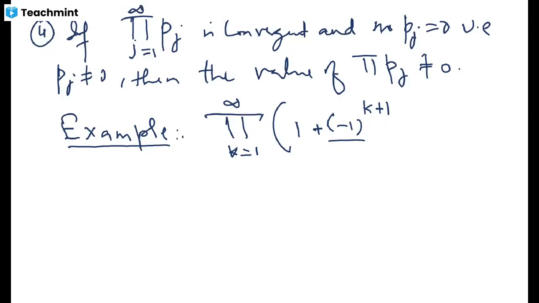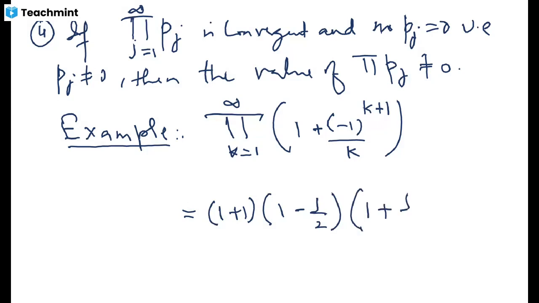If you write it in expanded form, you see the first term for k equals 1 is 1 plus 1. Then substituting k equals 2, you get 1 minus 1 by 2. Then you get 1 plus 1 upon 3. Then 1 minus 1 by 4, and so on.